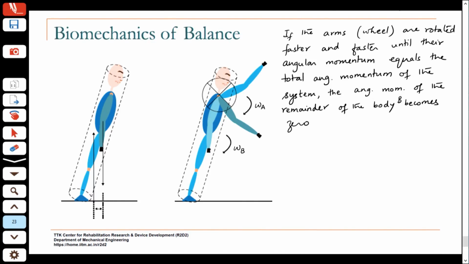But because the body is still leaning at that instant, just making it 0 is not enough, because it will just start falling forward, because you still have that unbalanced moment.